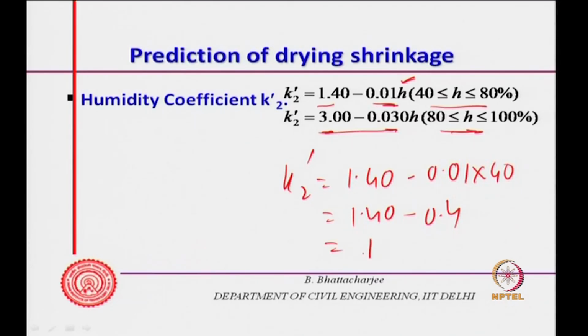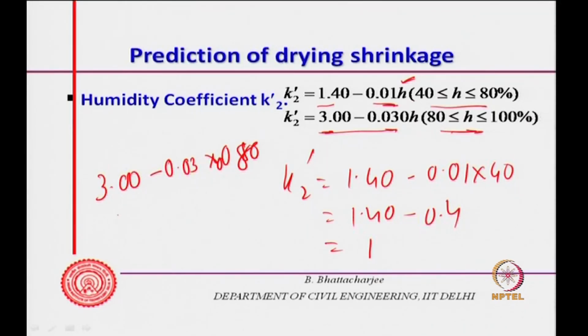So, this is simply 1. And if it is 80, let us put it in this formula: 3 minus 0.03 into 80. You can find out from this formula also.